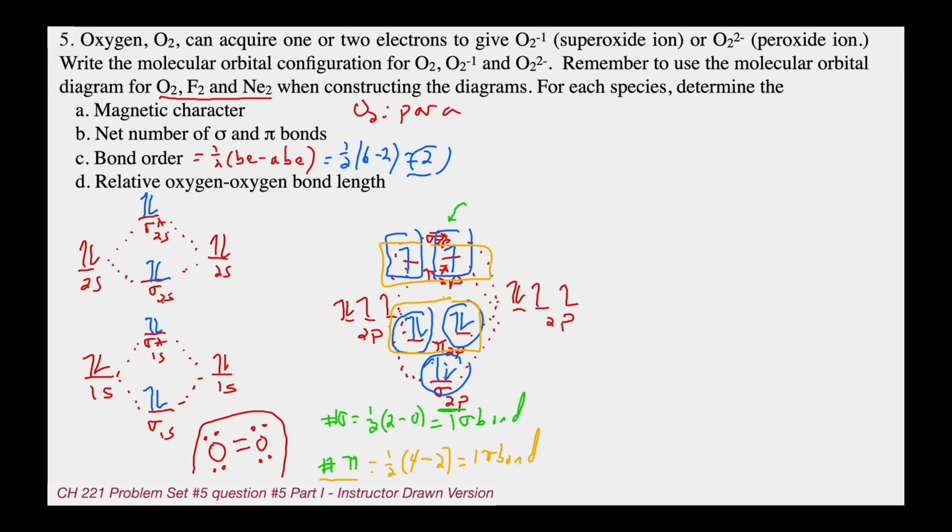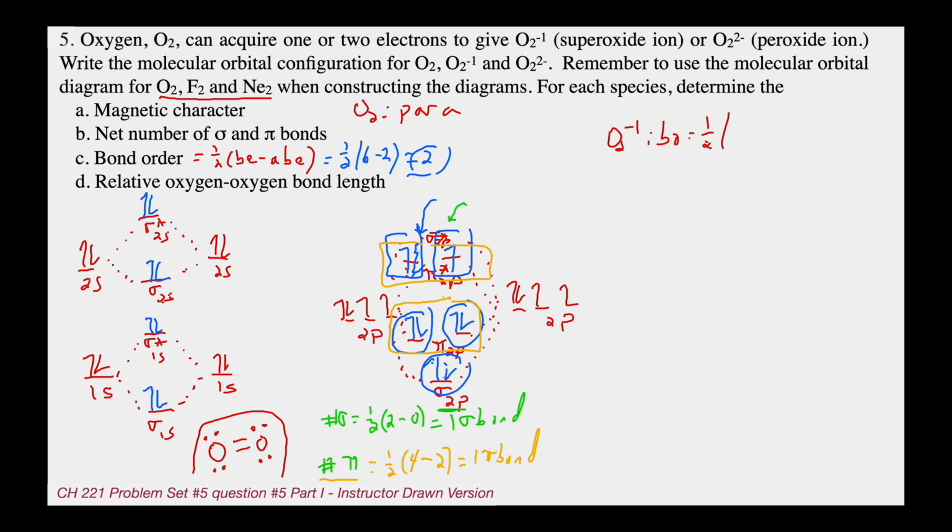Now, let's talk about O2 -1 and O2 -2. If you're going to draw O2 -1, it would have one more electron, a paired electron in a pi star 2p. So for O2 -1, the bond order is 1/2 bonding minus antibonding.